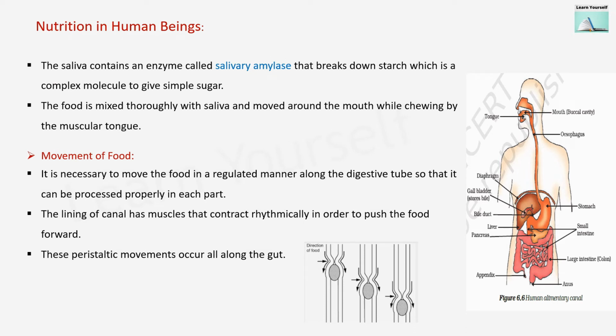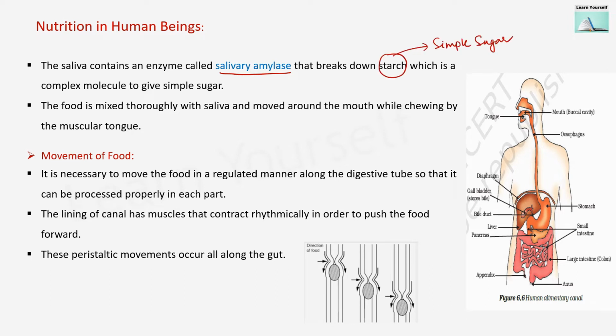Nutrition in human beings. Now from here we are starting the metabolic processes that happen in the human body. The first one is nutrition in human body. So digestion process is starting from the mouth itself. The saliva contains the enzyme called salivary amylase, and it will break down the starch into the simple sugar.